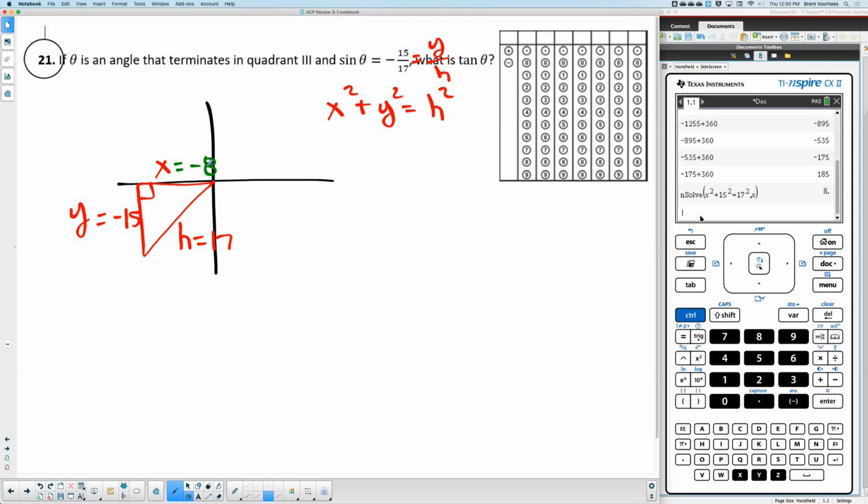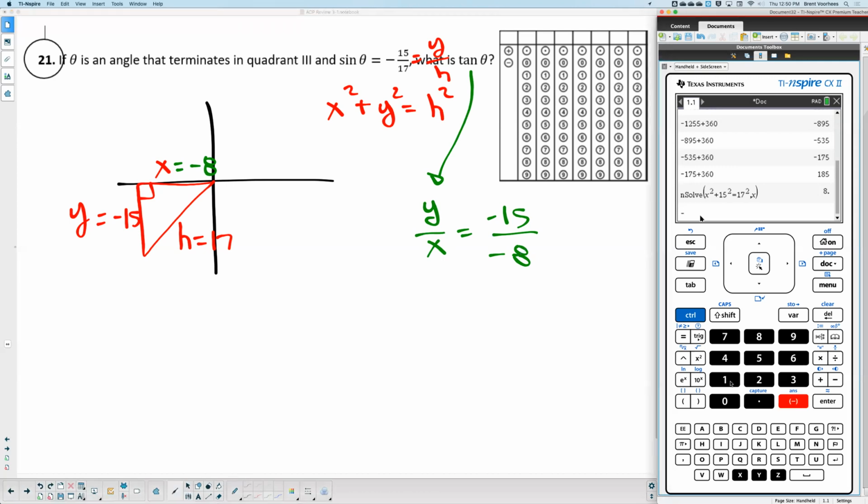It wants to know tangent. Sine is y, cosine is x. What is tangent? Y over x. What is y? What is x? Okay, I'm going to type this in and get it as a decimal. So negative 15 divided by negative 8. Okay, good.